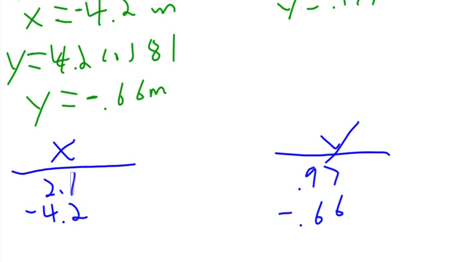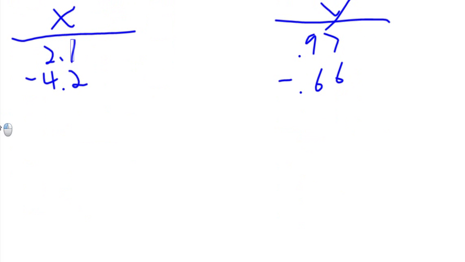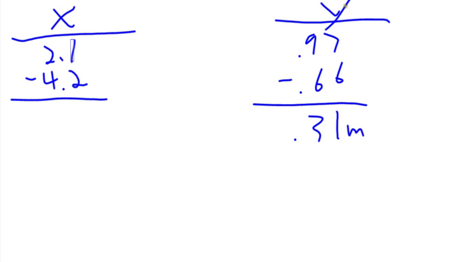And so what we want to do is find our final x and final y. When we add these up, we get 0.31 meters in the y and a negative 2.1 meters in the x. So now we have a single x and a single y, and then from here we can draw these out.